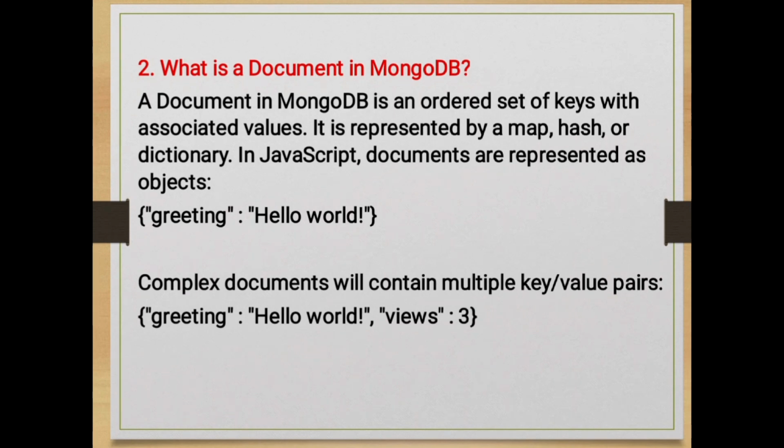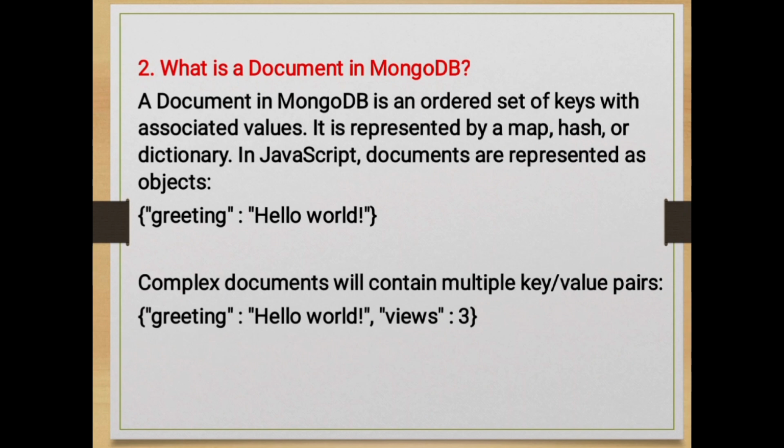What is a document in mongoDB? A document in mongoDB is an ordered set of keys with associated values. It is represented by a map, hash, or dictionary. In JavaScript, documents are represented as objects. For example, greeting, hello world.